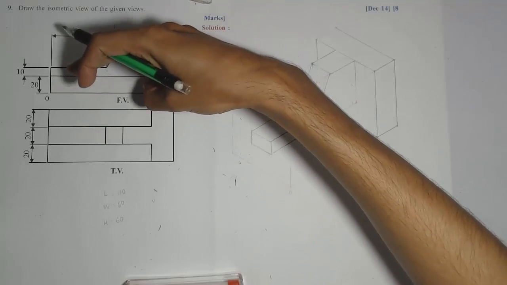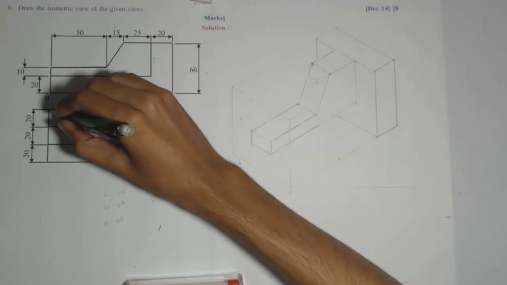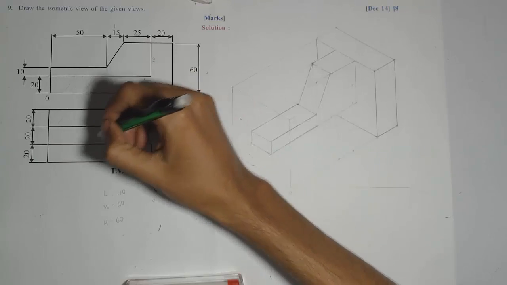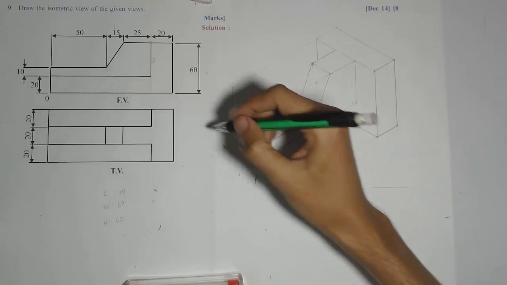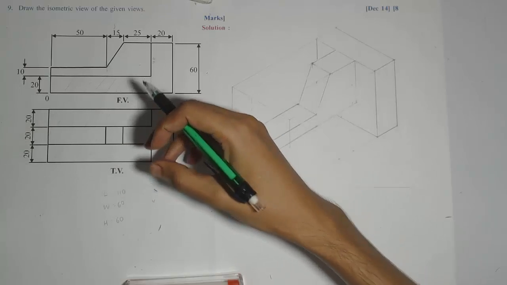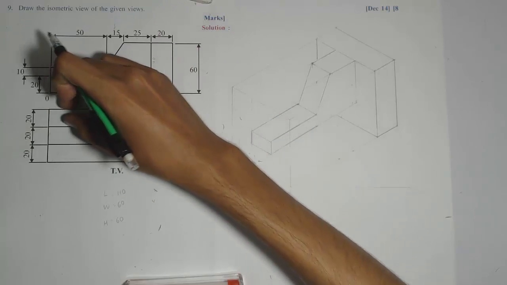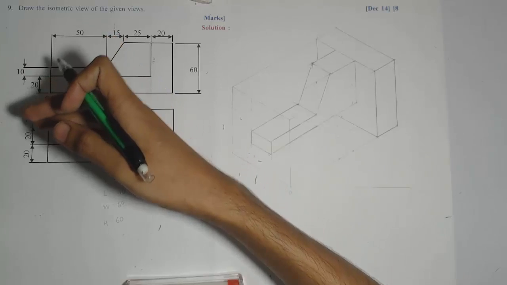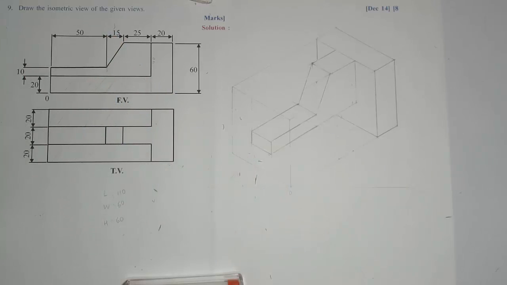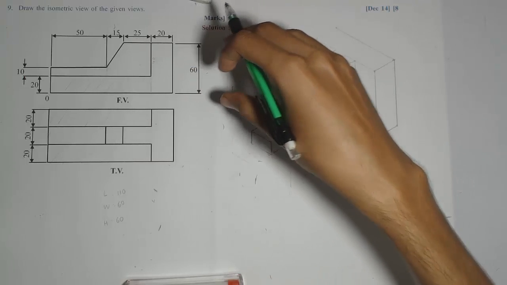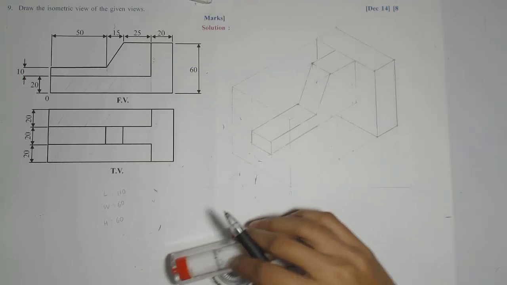Okay, this much. And for the same common length, we are having this part as well as this part. And if you see, the top view is symmetric. That means whatever part we are going to get on this side will be symmetric to this side. So now we will correspondingly mark those views in top view and then in front view.